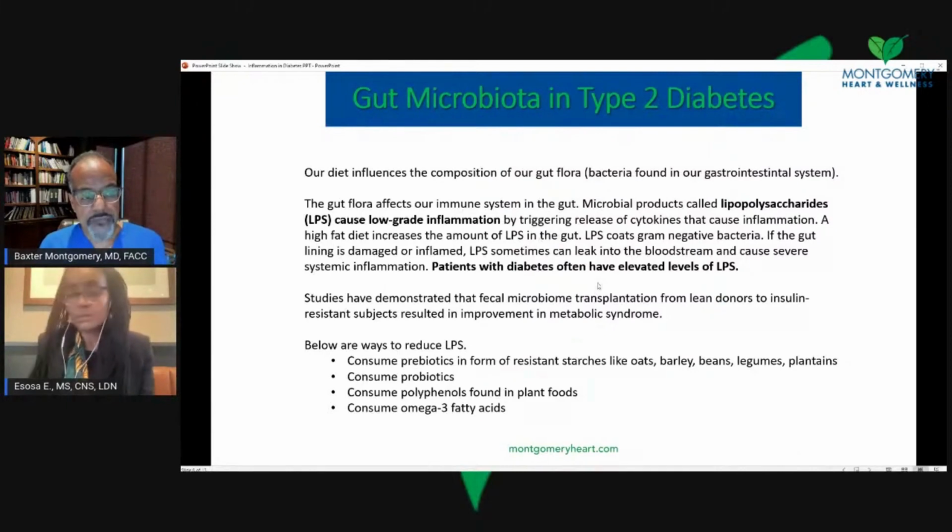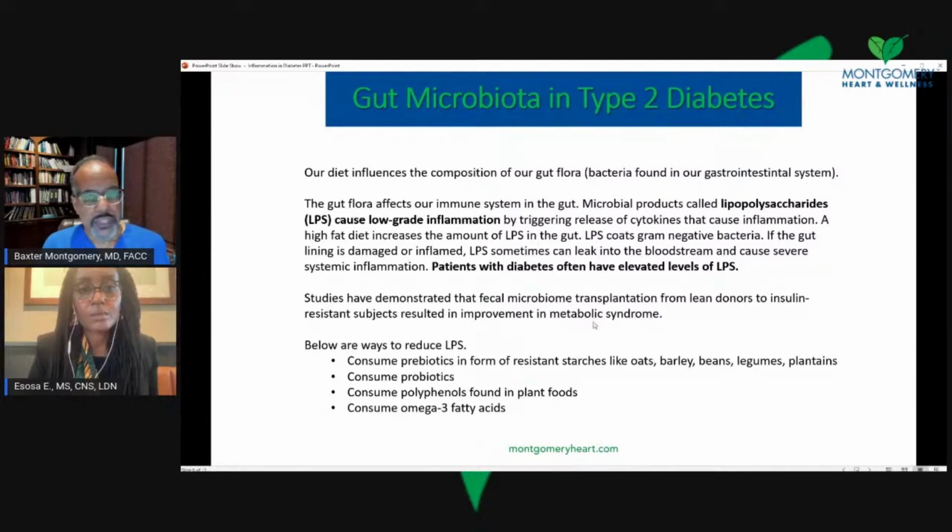Patients with diabetes often have elevated lipopolysaccharide levels. So you want to reduce this. Now, they've done studies demonstrating fecal microbiome transplantation from lean donors to insulin-resistant subjects, resulting in improvement in metabolic syndrome.